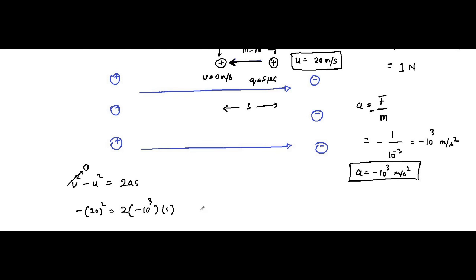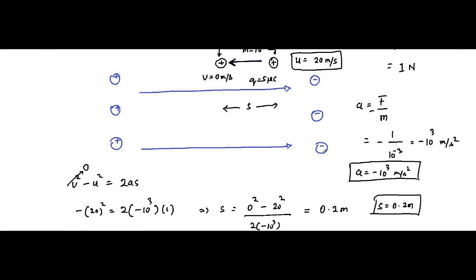That implies s is equal to 0 square minus 20 square by 2 into minus 10 to the power 3, which comes around 0.2 meter. That is the distance it travels before it comes to rest momentarily.